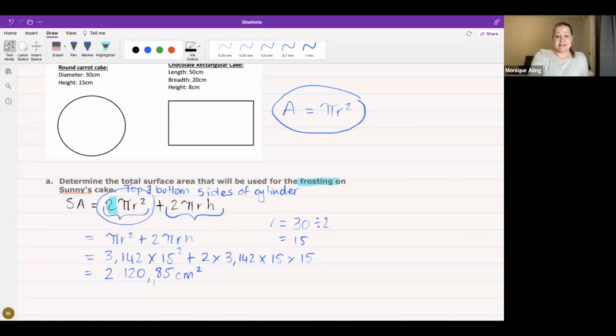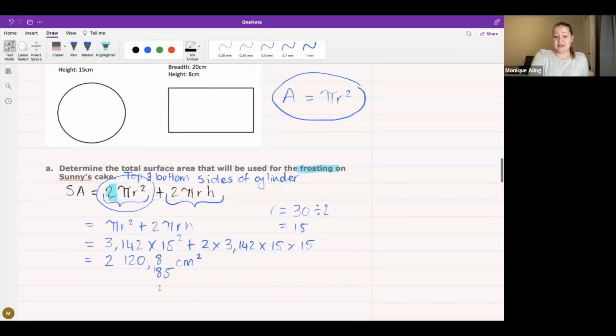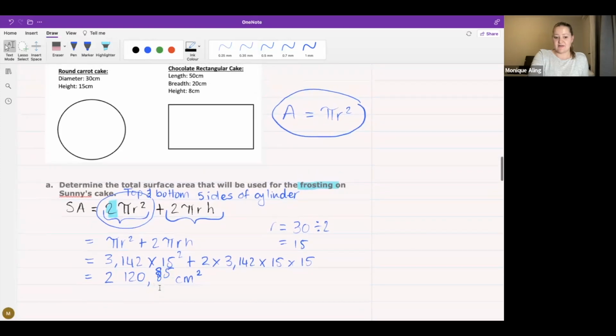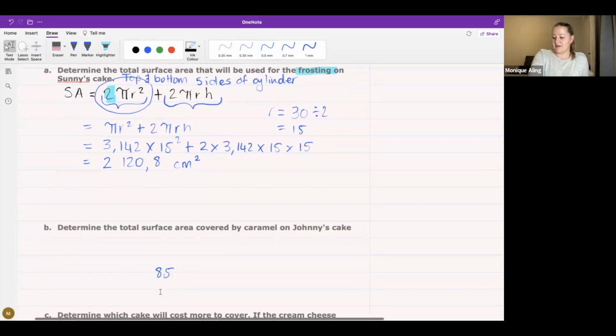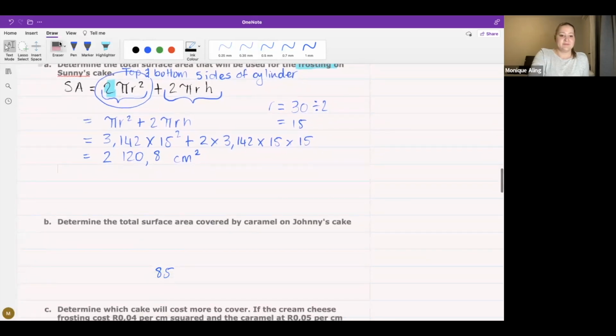Okay, now keeping this in mind, let's test the same thinking for question B. Question B, determine the total surface area covered by caramel on Johnny's cake.